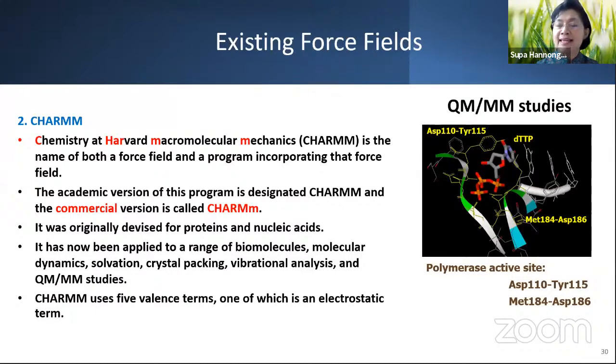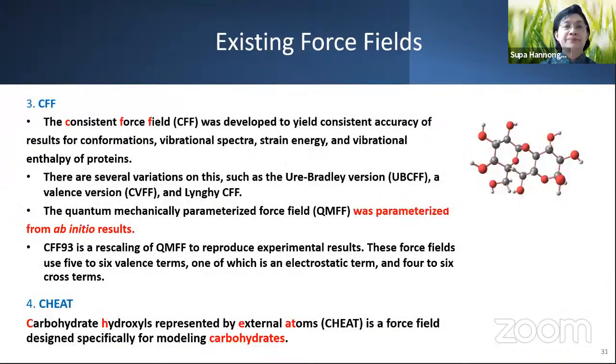If you are interested, it is quite nice to work on enzymatic reactions, right? And CHARMM is the best, I would say. Other methods can also be applied, okay, but the parametrization of CHARMM is very good for proteins and nucleic acids.